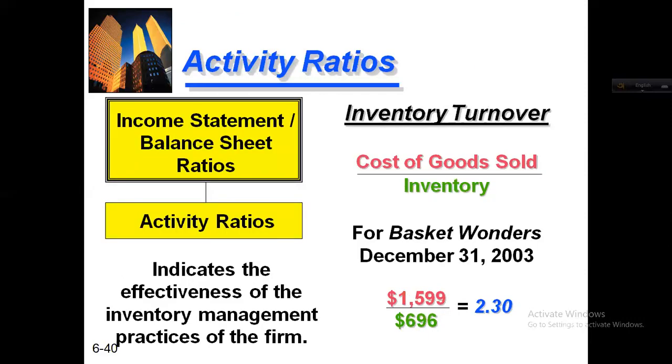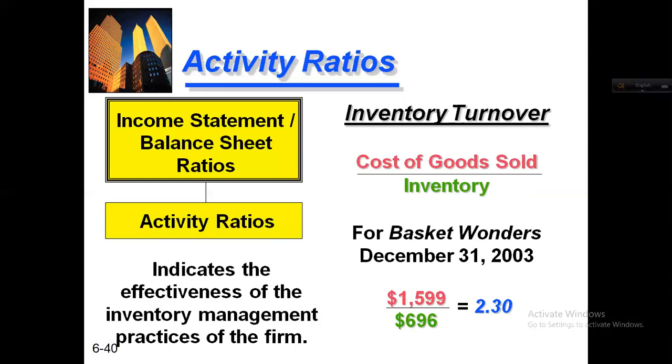So, inventory turnover. The inventory turnover ratio is the cost of goods sold divided by average inventory. Cost of goods sold is the company's purchases plus other expenses related to manufacturing.